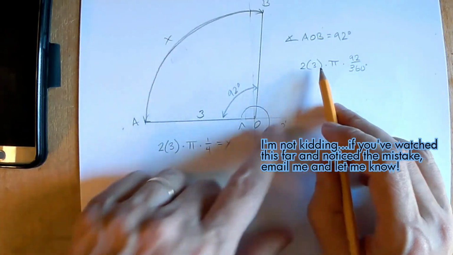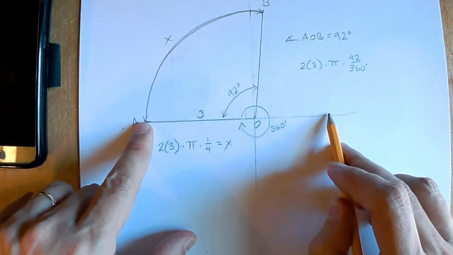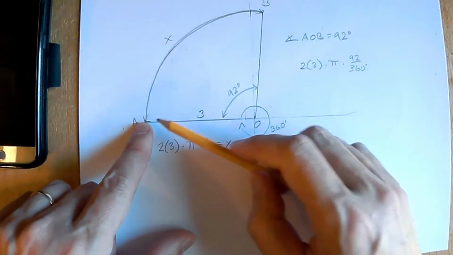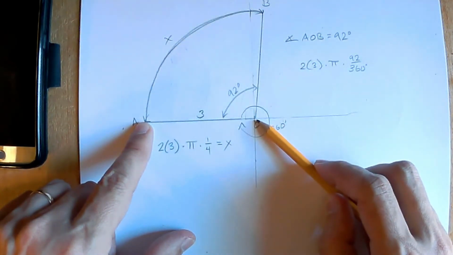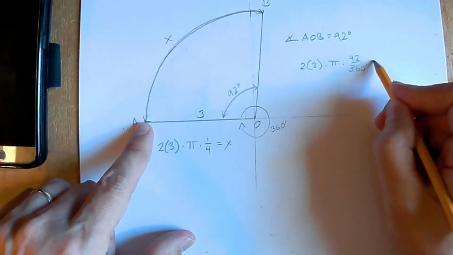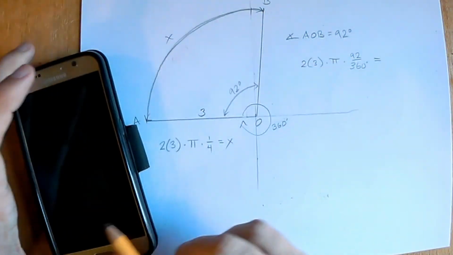So 2 times 3 is our diameter, times pi, that's our ratio, times how much of a circle that is, will tell us the length of this line here. So let's try it.